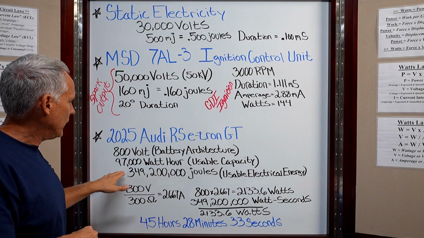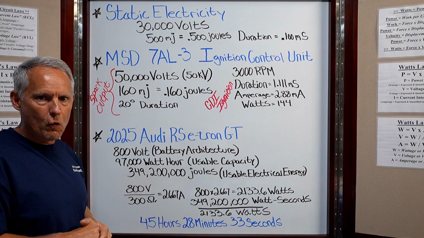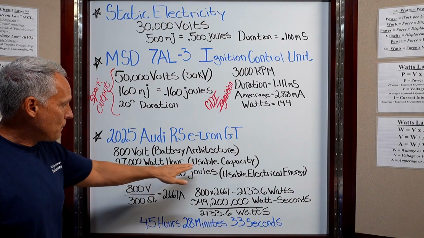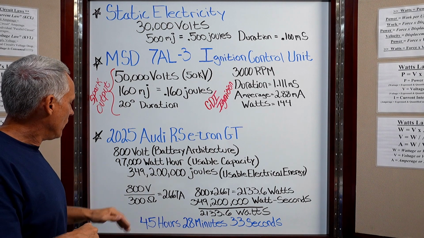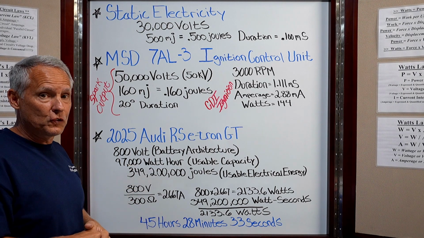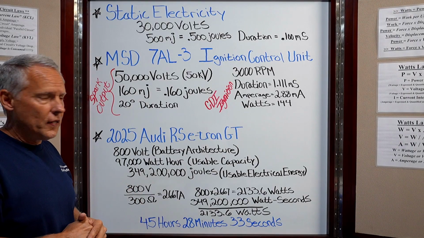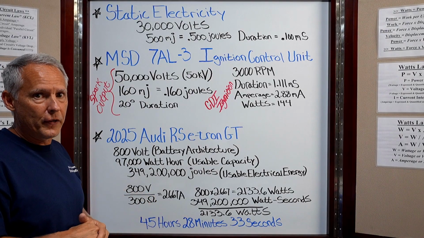They show the usable capacity as 97,000 watt hours. That basically means it has the capacity of 97,000 watts for an hour, or 1 watt for 97,000 hours. That sounds like I'm exaggerating, I know, but that's the reality of it. That's how large and how capable and how much energy is stored in that battery.